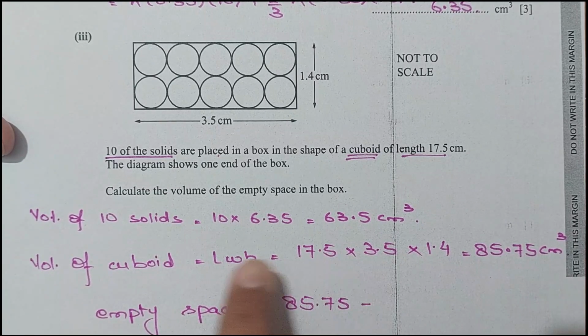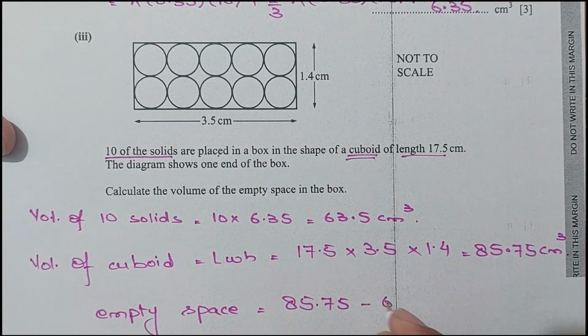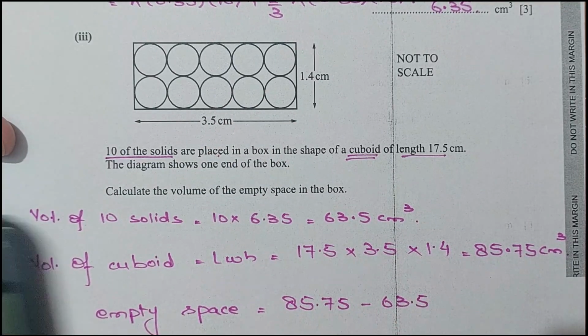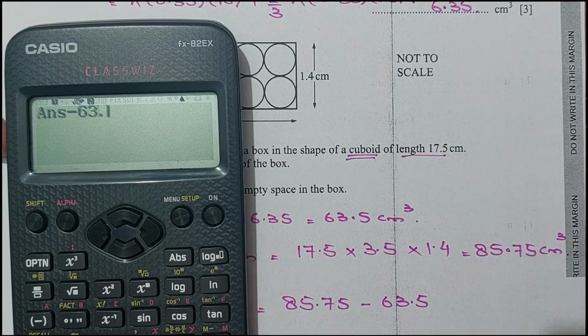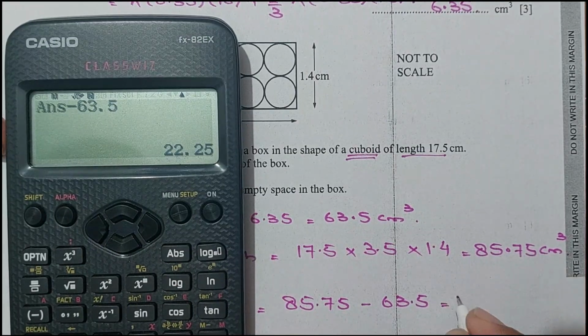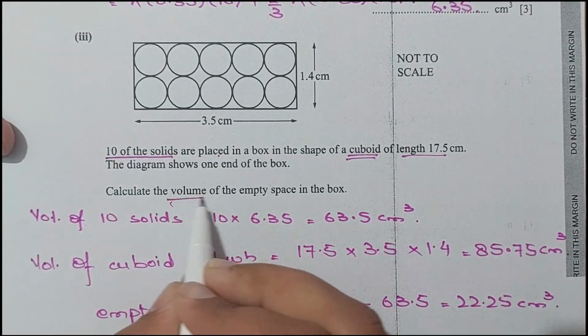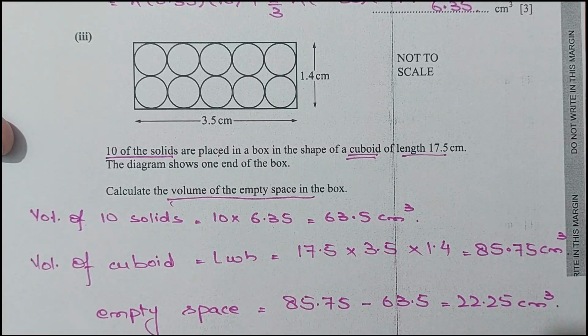Subtract the volume which is occupied by the 10 solids, which is 63.5. Subtract 63.5, so the empty space is 22.25 cubic centimeter. This is the volume of the empty space in the box.